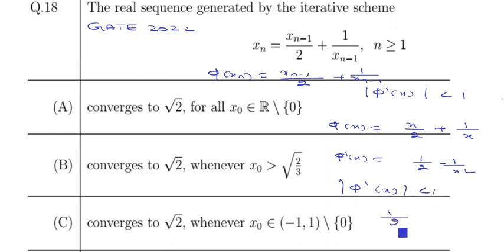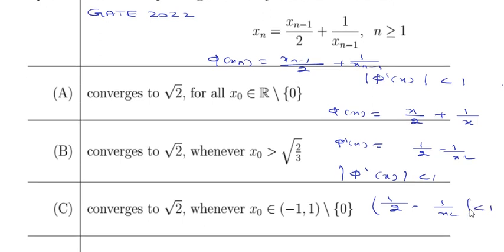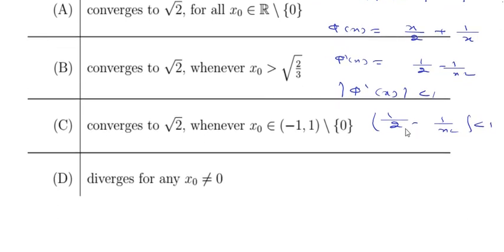So the condition is modulus of phi dash of x is less than 1. Therefore 1 by 2 minus 1 by x square is less than 1 in modulus. So this is the condition. This implies minus 1 is less than 1 by 2 minus 1 by x square, which is less than 1. Now we subtract 1 by 2 from this inequality.